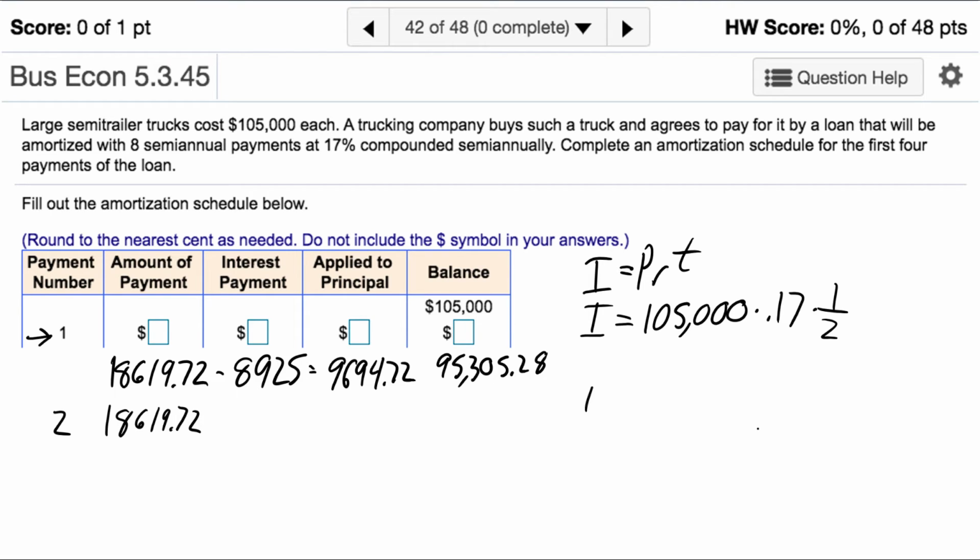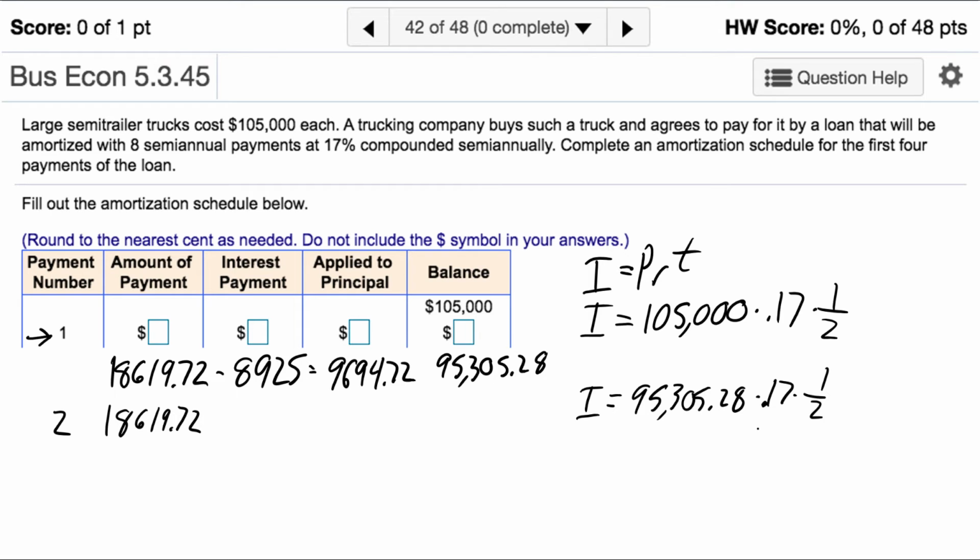So interest here is going to be based on the amount owed, $95,305.28 times 0.17 times time. Now, just because this is payment number 2 doesn't mean the 1/2 changes to 2 halves or 1. It's still half a year's worth of interest.